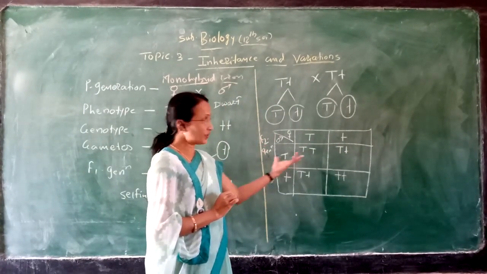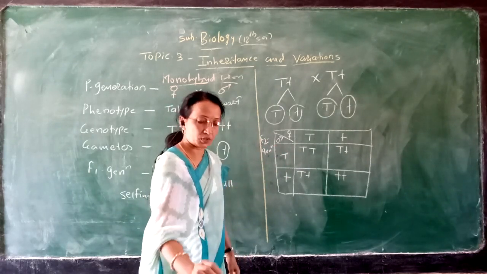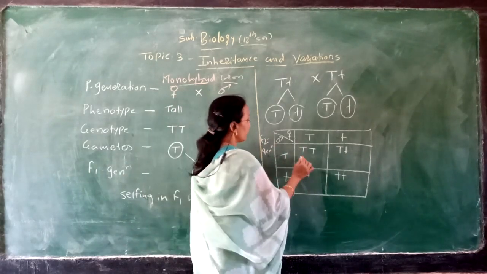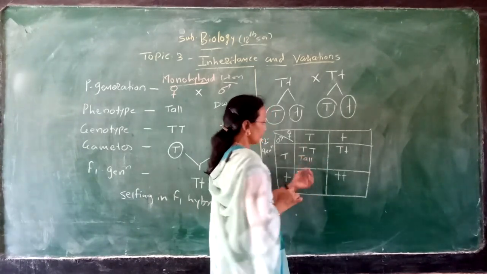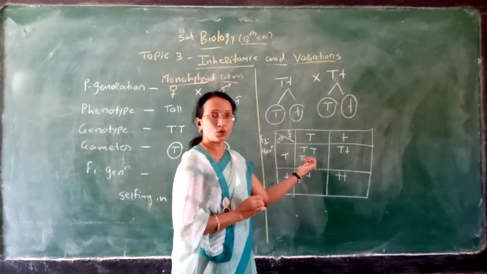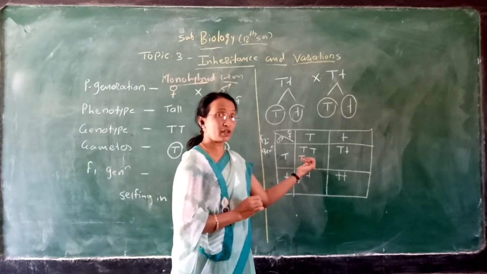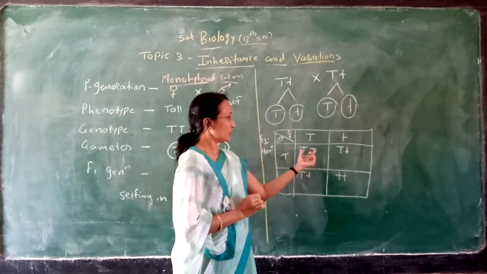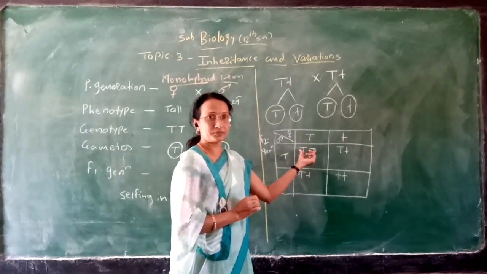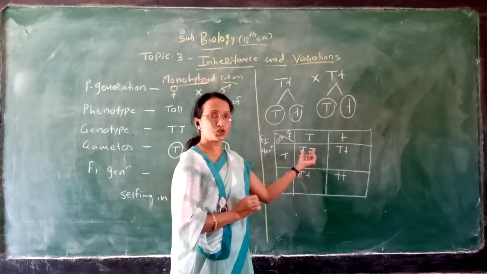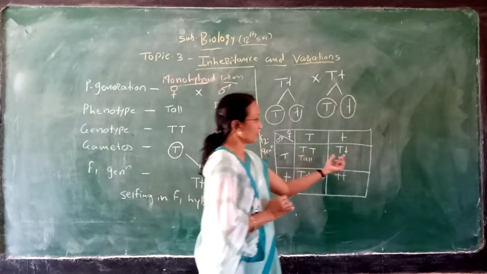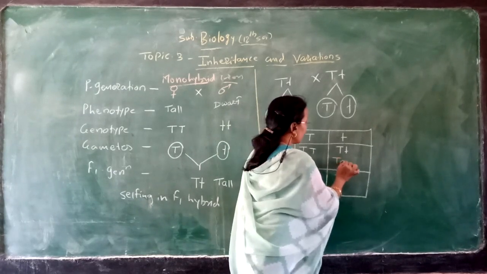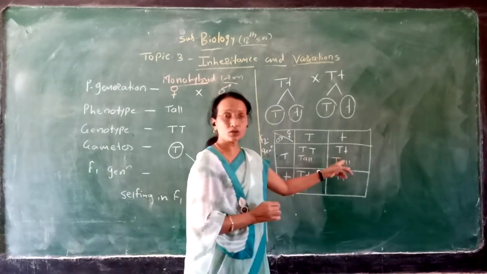But what are the phenotypes of this F2 generation? Phenotypically, this one is tall, but this tall is a homozygous tall. Why homozygous? The two genes are similar, identical, and so known as homozygous. This offspring is also tall, but it is heterozygous tall.